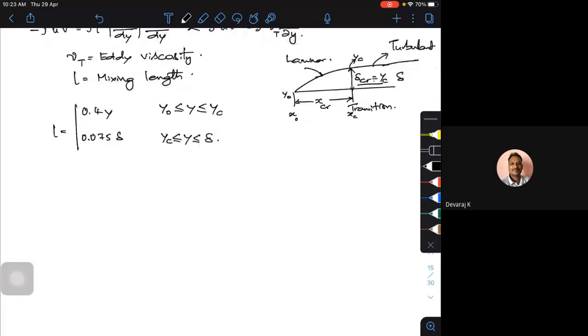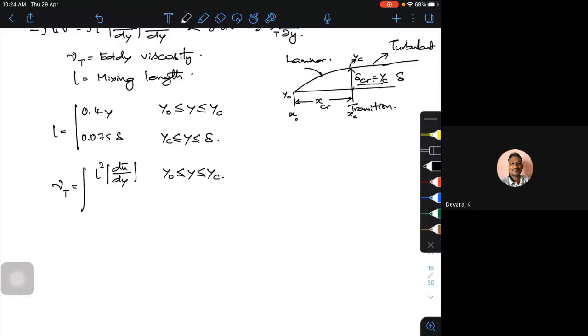Then your gamma T, or nu T, what we call the eddy viscosity, is given by this equation: L square into the mod of du bar by dy. This is for y varying between y naught and y critical.